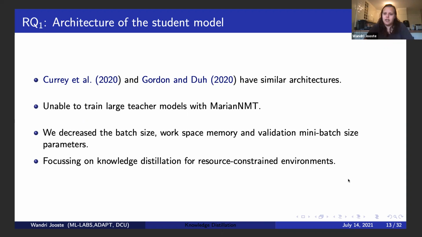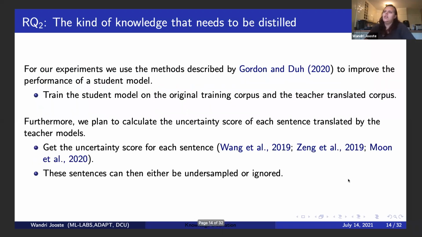After 2 or 3 iterations, training would stop because we ran out of memory. We decreased the batch size, workspace memory and validation mini batch size parameters, but then the accuracy of these models was really bad, so there was no point in using that. Because of that, we decided to focus on knowledge distillation for resource constrained environments.